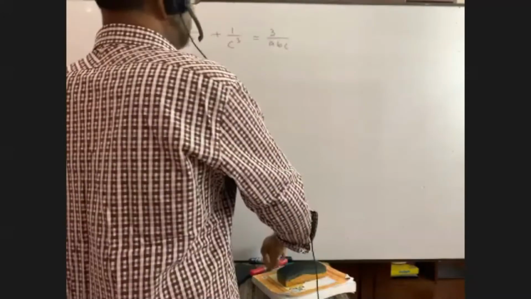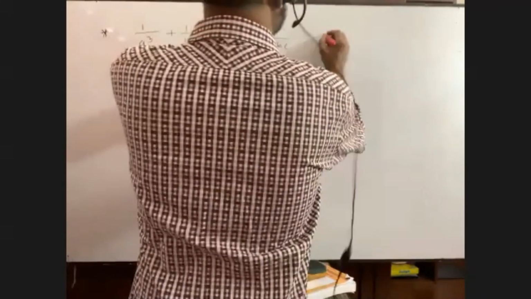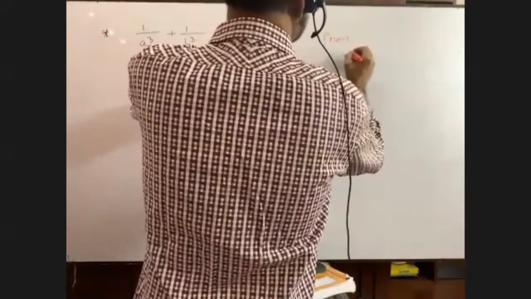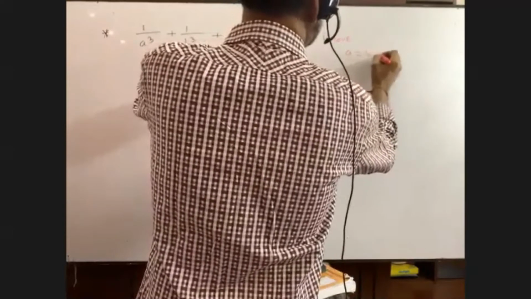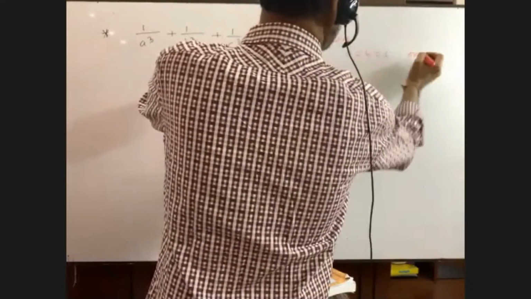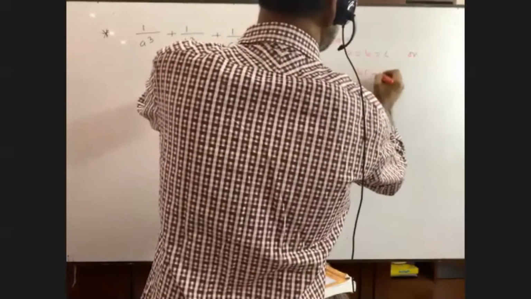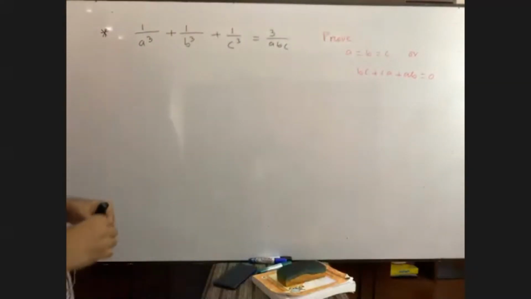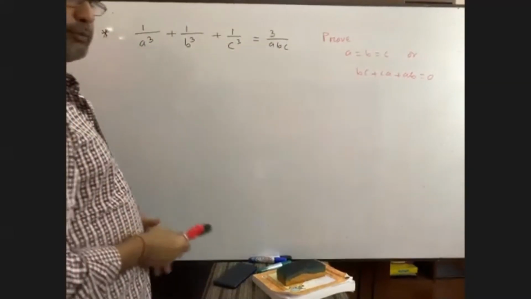You have to prove that a equals b equals c, or bc plus ca plus ab equals 0. The most important math also.